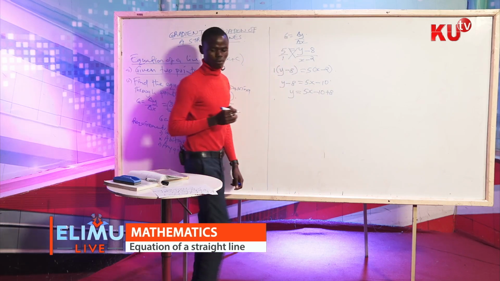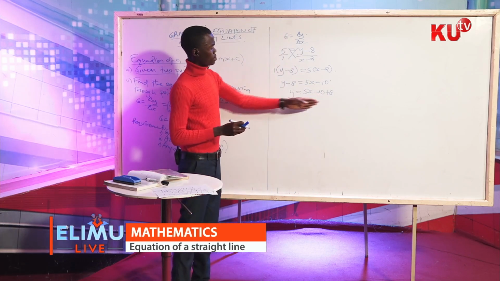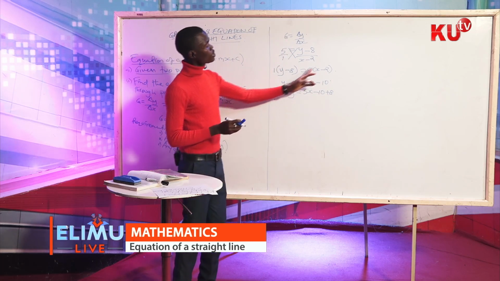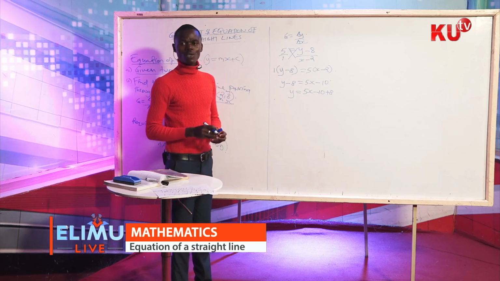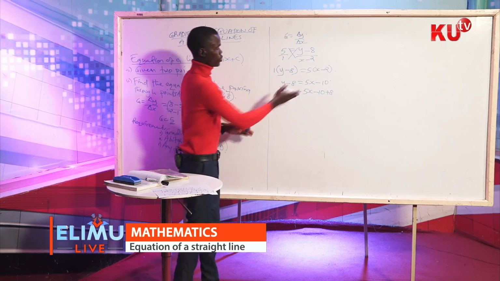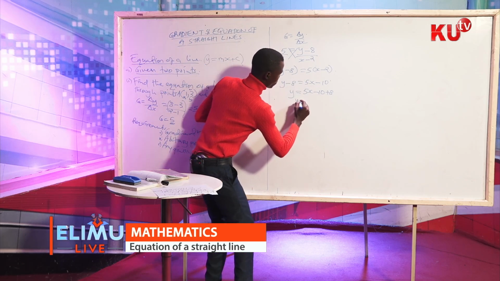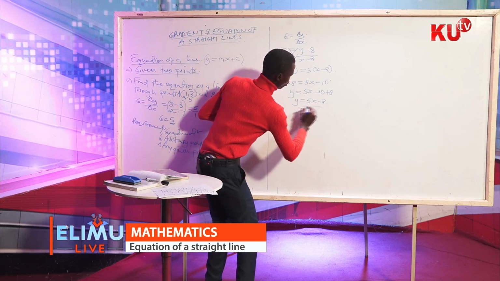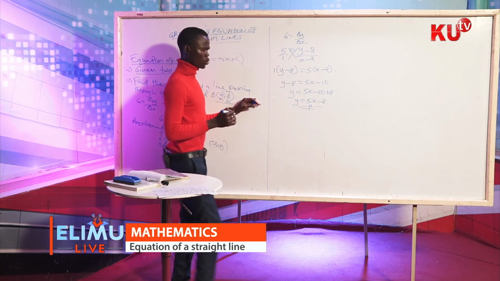You are asking, Mwalimu, why is it plus 8? It is plus 8 simply because this is negative 8. When it crosses the equal sign, the sign changes. So that is why we have this. So it will be y equals 5x minus 2. So this is our equation.